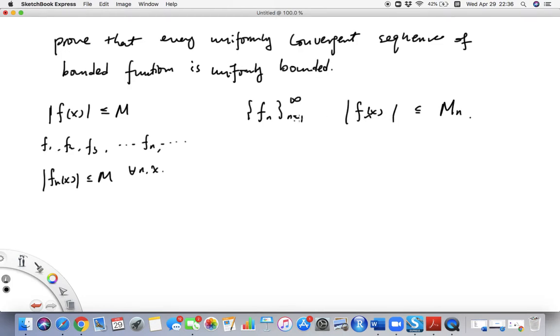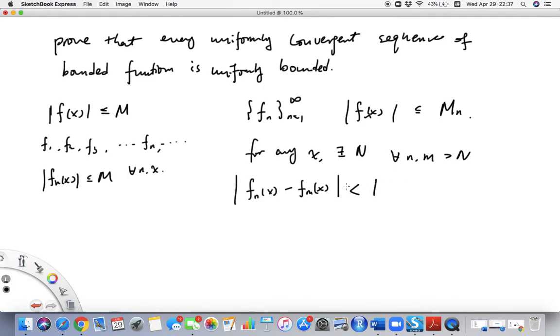Now because our sequence is uniformly convergent, for any x, there exists an N such that for all n and m greater than N, |fn(x) - fm(x)| is less than, say, 1.